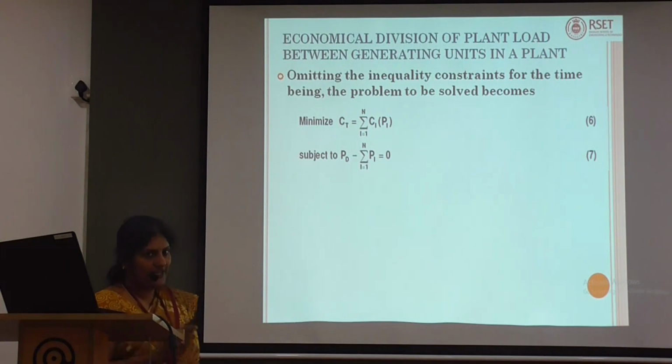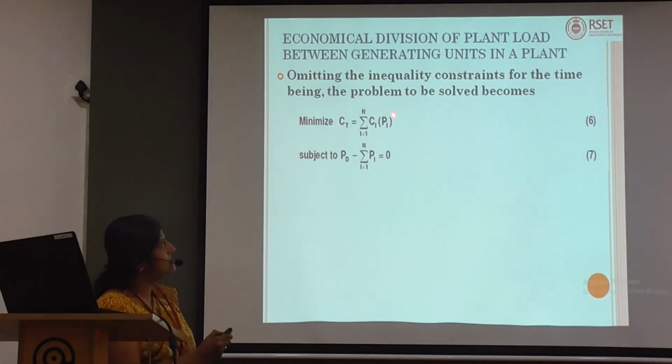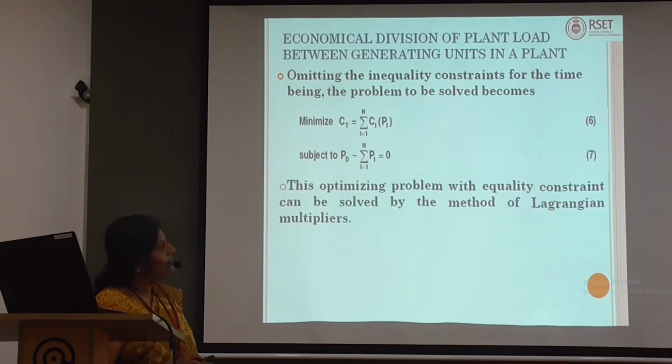We are not currently taking into account the inequality constraint. Mainly, our objective is to minimize your total cost, with the equality constraint that the demand should match with your generation. This is an optimization problem with an equality constraint, and of course we try to use your Lagrangian multiplier method.